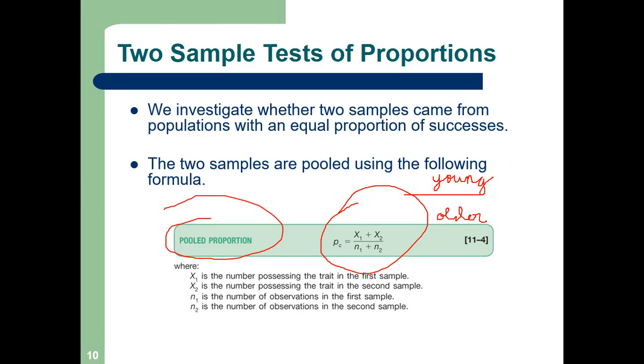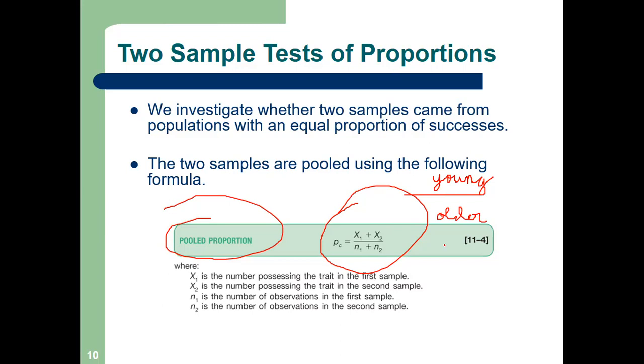The taste and preference of young females and older females might be different. We have to define up to what age we will call it young female and what age older. Say 20 to 40 we call young female, 40 to 60 older female. So two populations are coming to me, younger females and older females.